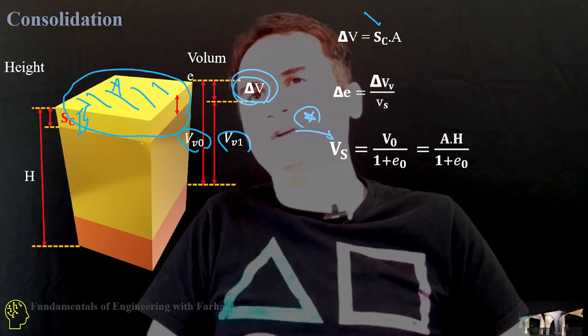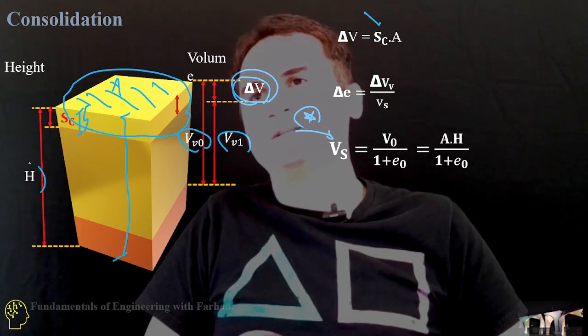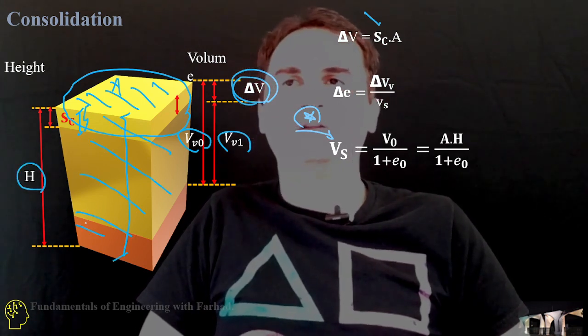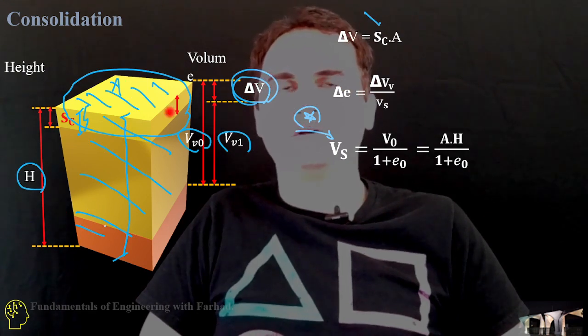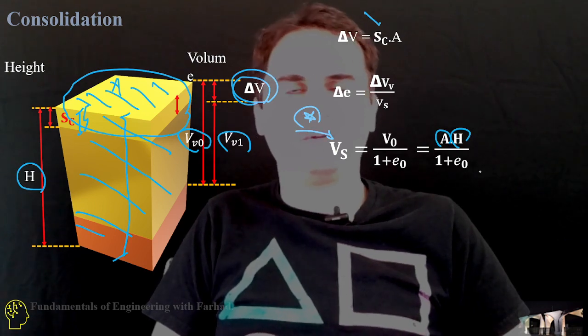V total is area times the height, which includes the entire volume of the soil layer. So that's area times height over 1 plus e naught.